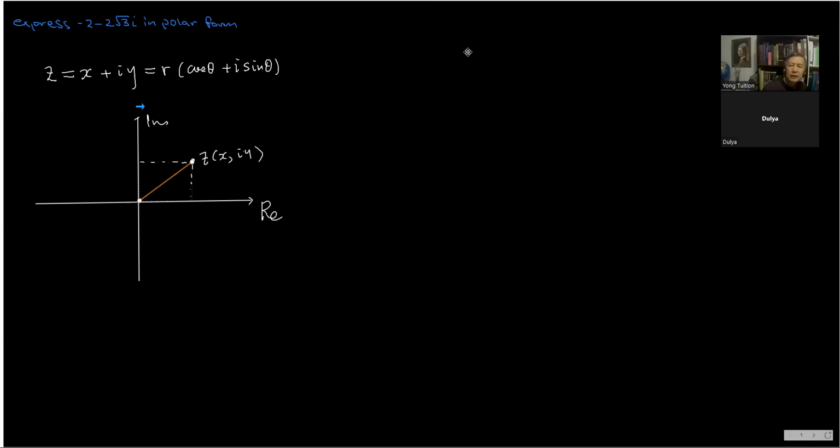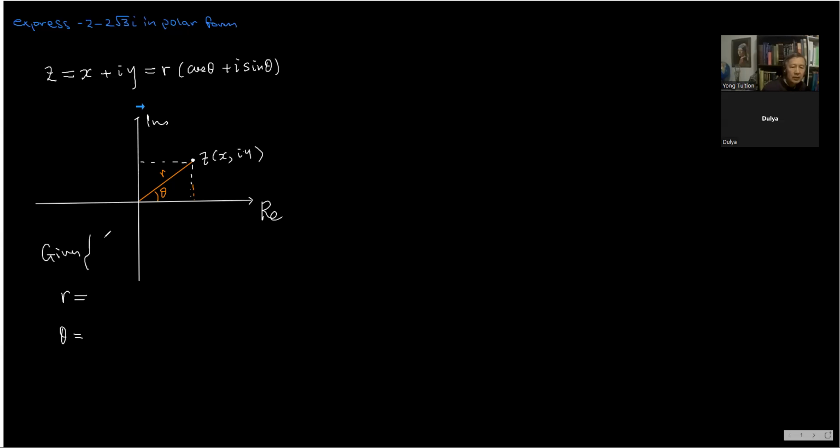There is a simple relation between these different coordinates just by using geometry. In this triangle, we need to work out what is r and what is theta, given x and y.